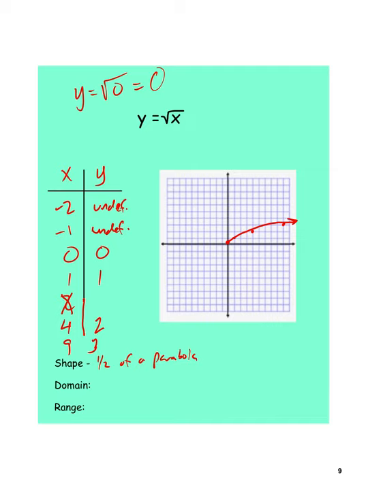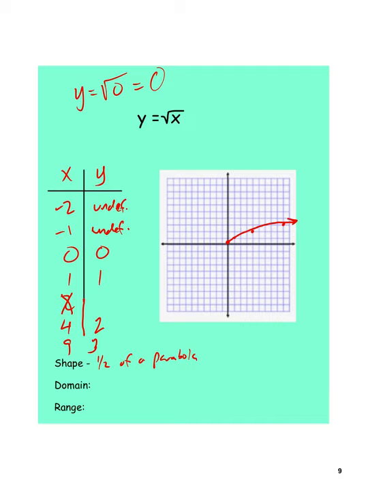So it's almost like we cut off the bottom half of a sideways parabola. That would be the negative square root of x if we were to graph that. And so that ends up being really half of a parabola. Again, I'll erase that now because that's not actually part of the graph.